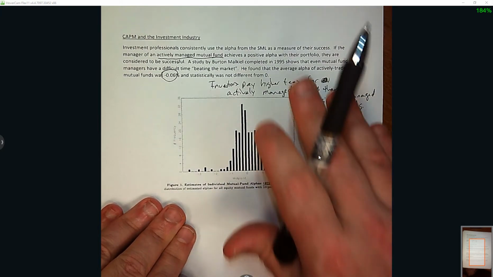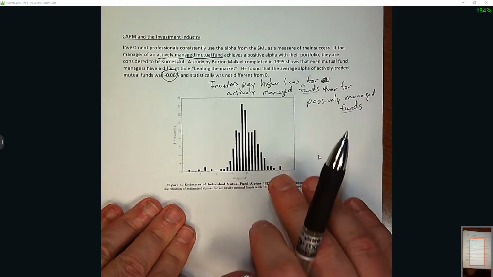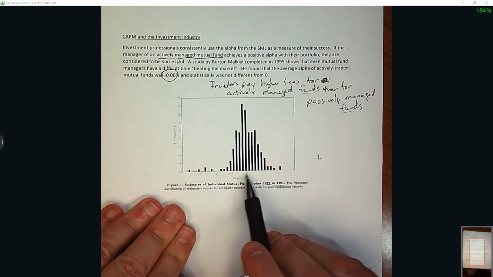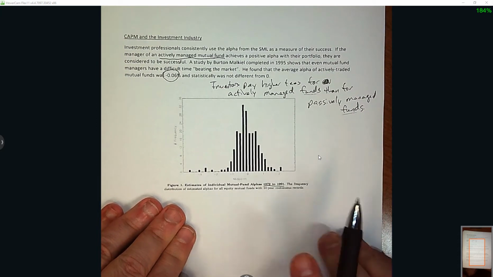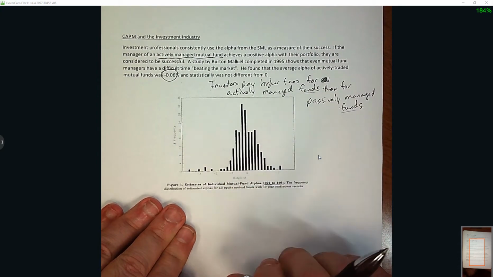Some other information that came out of this piece of research was that the funds that outperformed, so the funds up here that outperformed the market, weren't consistent year to year. And recent research also shows this as well.